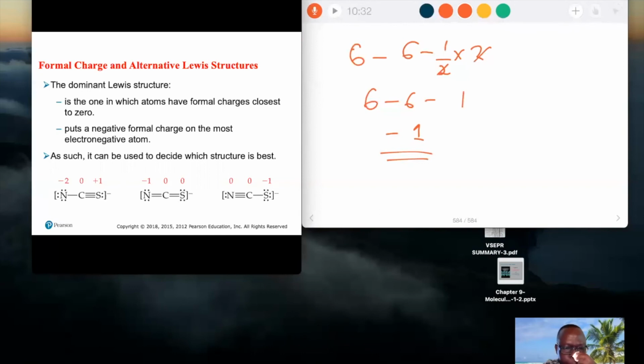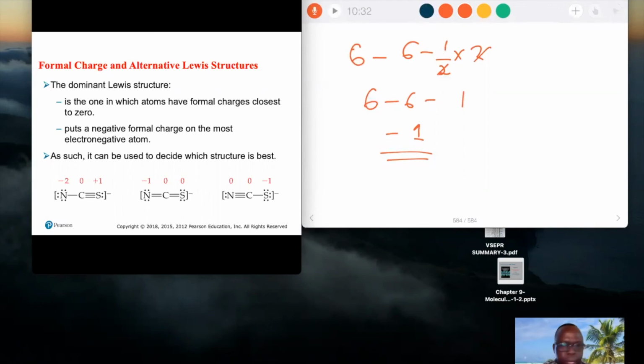But the dominant Lewis structure now, if you look at this, you may say, which one is which? I see that they both have -1, -1, 2 zeros. Which one should I throw away? The one with a negative charge on the most electronegative atom is the most plausible structure.